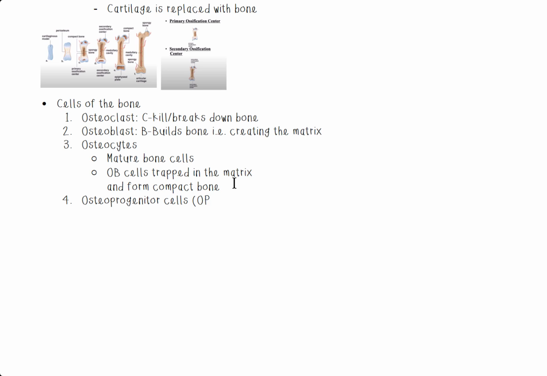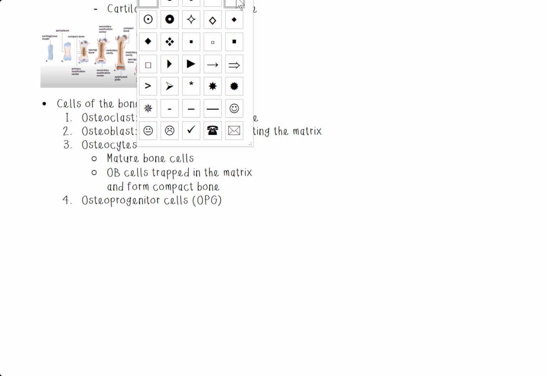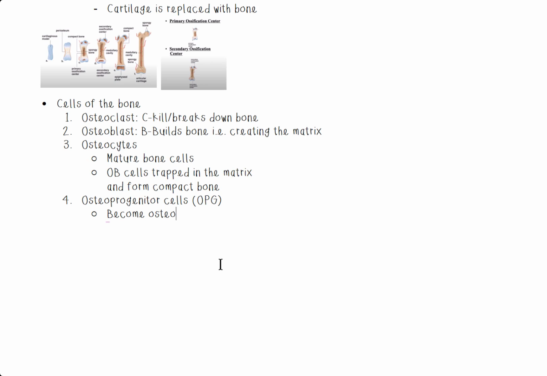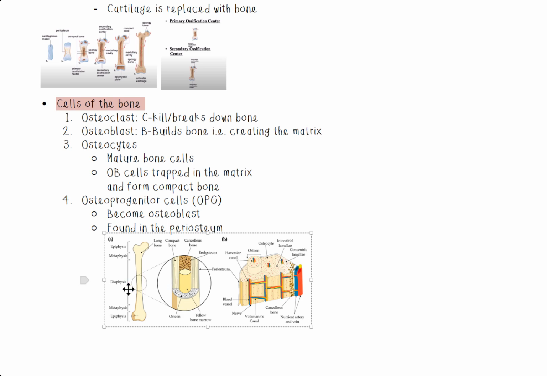Then we have the osteoprogenitor cells, or abbreviated OPG. These ones are already programmed to become osteoblasts, and they're found on the periosteum. You can think of the OPG as liking to live on the edge, which is the periosteum.